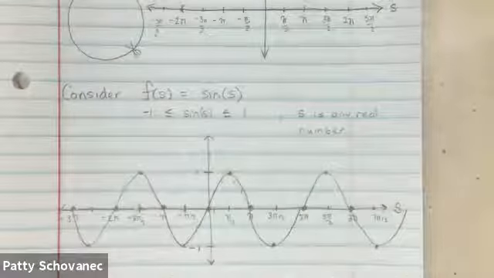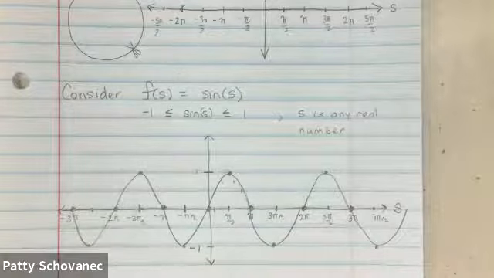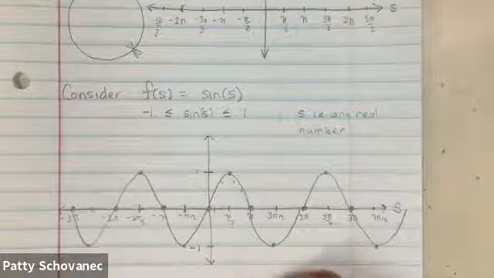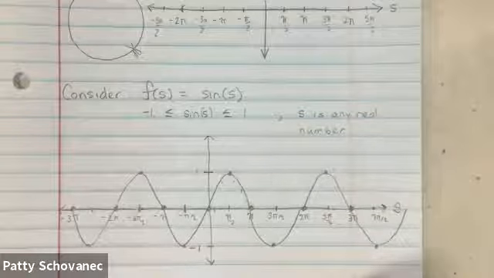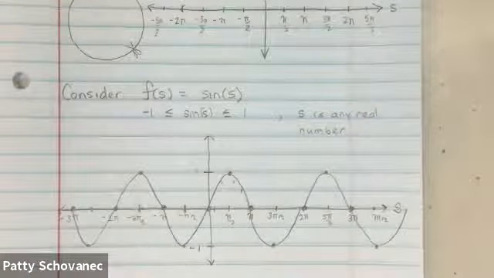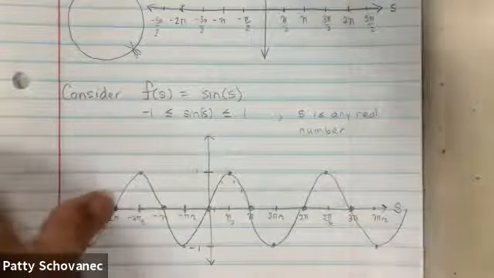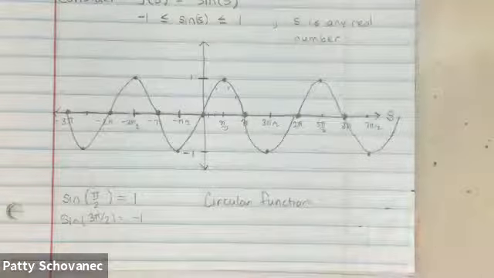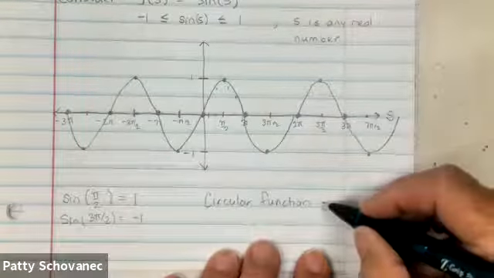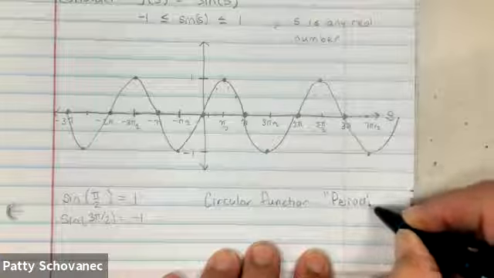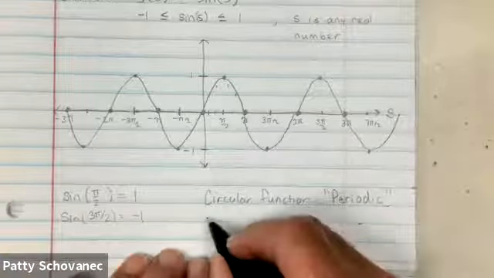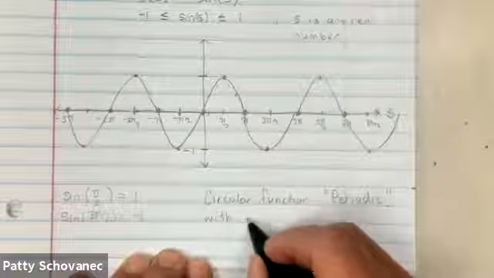But it's a cyclical function. It's a circular function that repeats its shape every 2 pi interval. It's periodic with period of 2 pi.